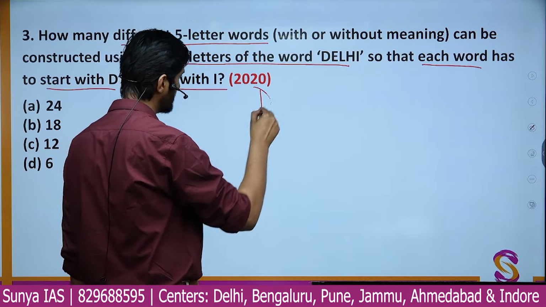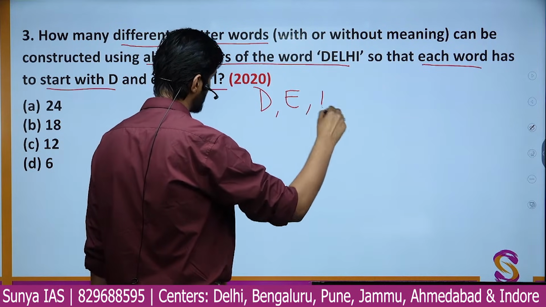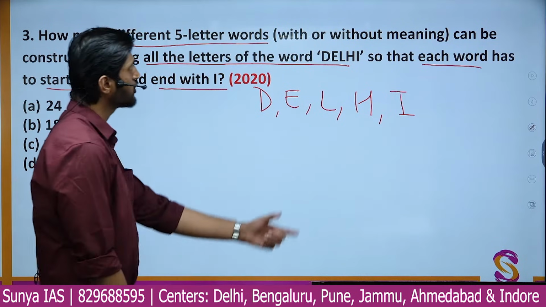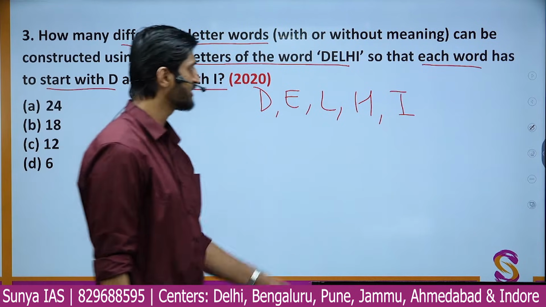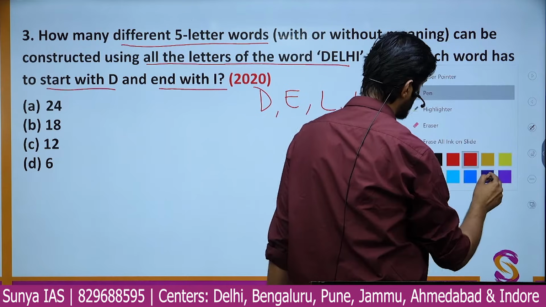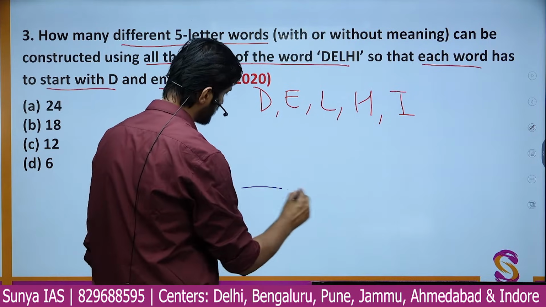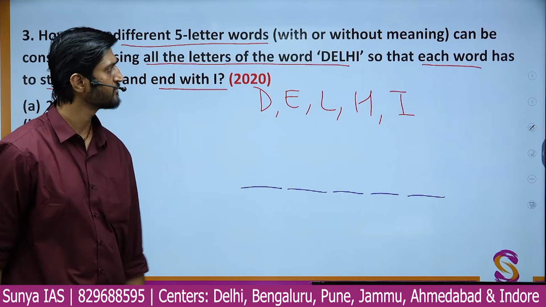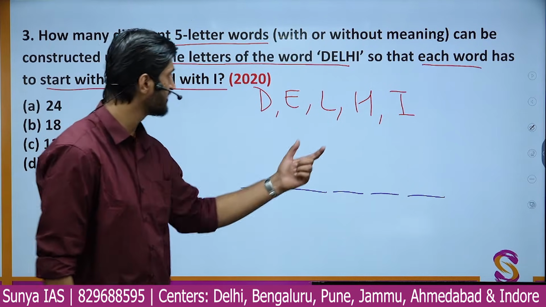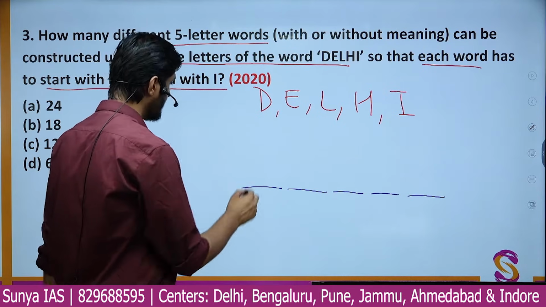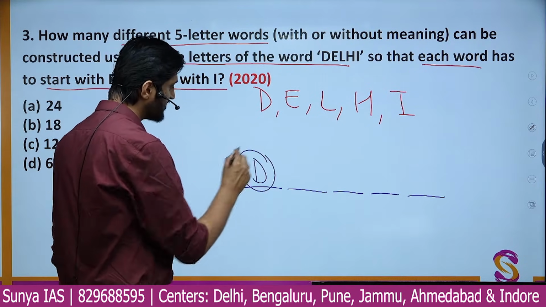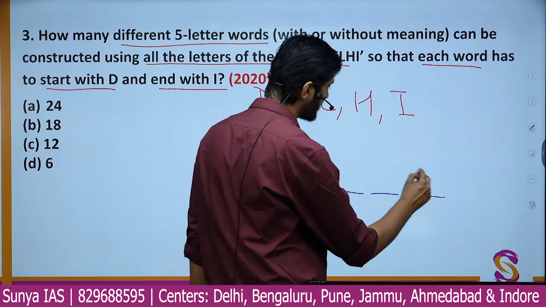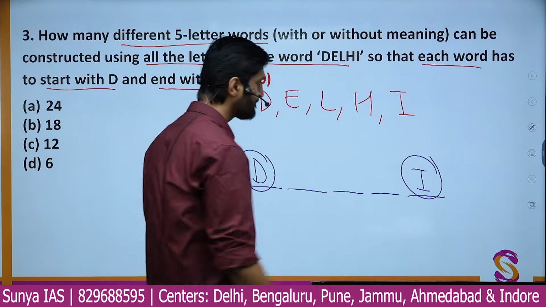We have D, E, L, H and I, and we want to create different 5-letter words from it. Now he is saying each word has to start with D. So we lock the first position with D and they have to end with I. So we have to lock the end position with I.